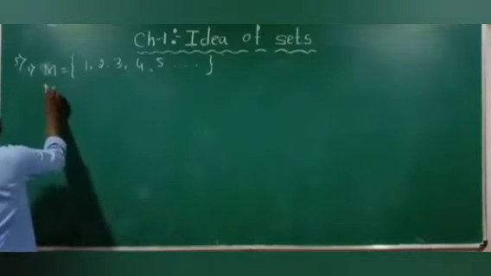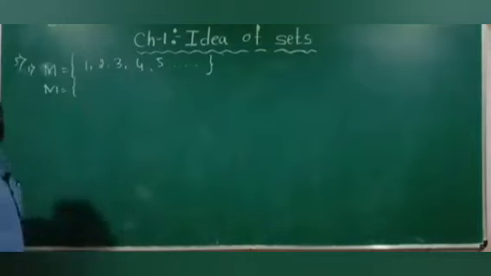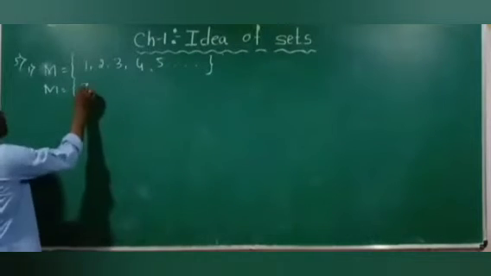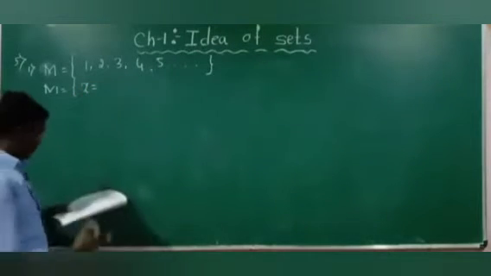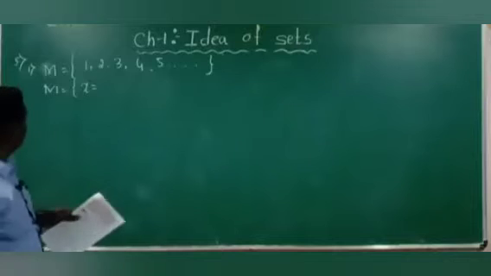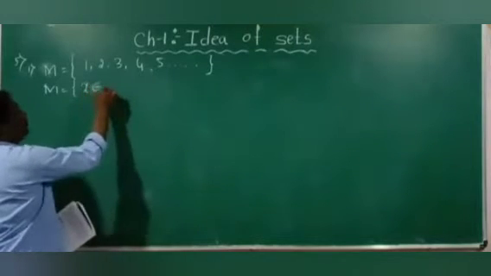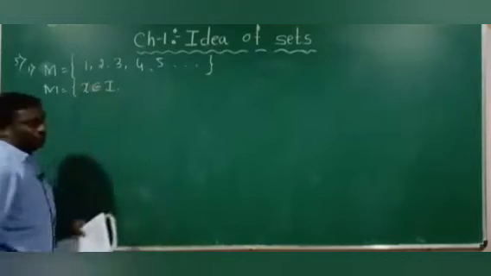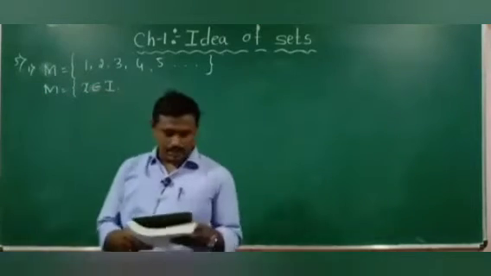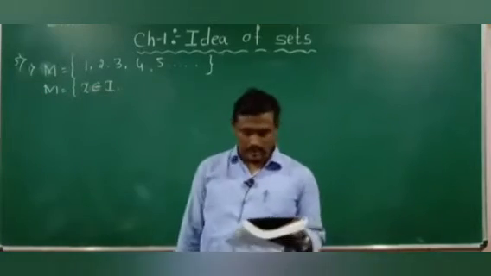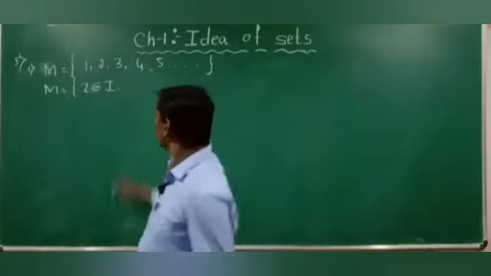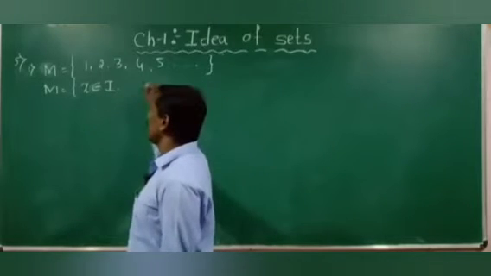The same statement we write in rule method. X is equal to, or x belongs to integers. X belongs to integers, right?